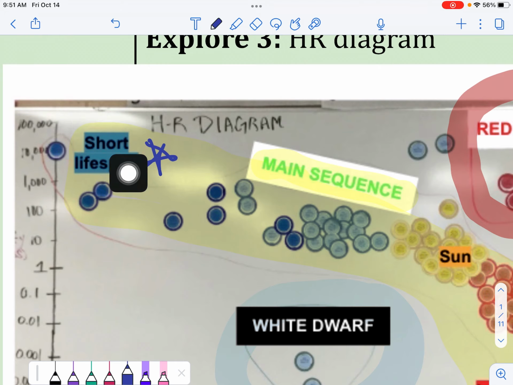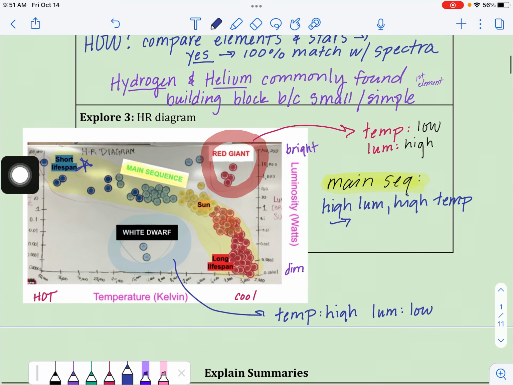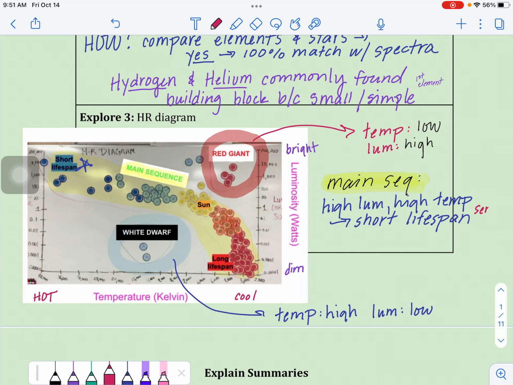You can see I labeled it up on the diagram that you downloaded from the assignment. Those stars have the shortest lifespan. And I like to call those stars the semi-trucks of the universe, because they burn through their energy so fast that they don't get to experience a very long lifespan.